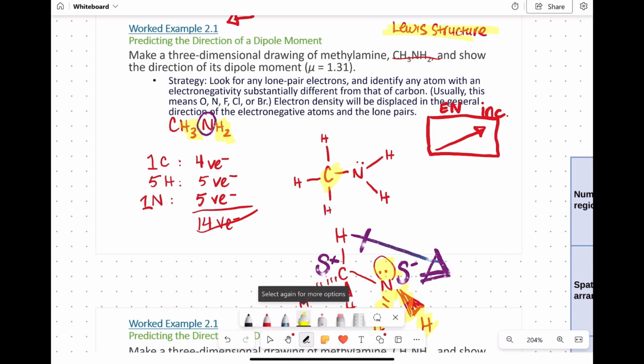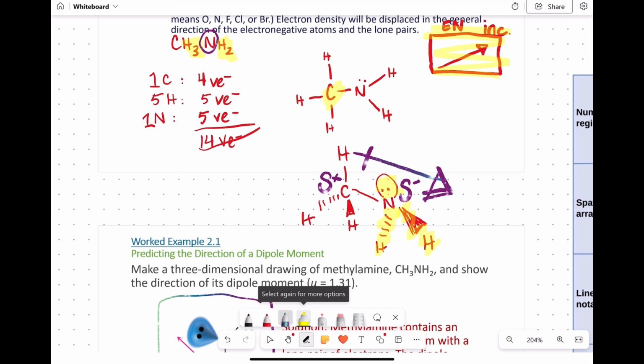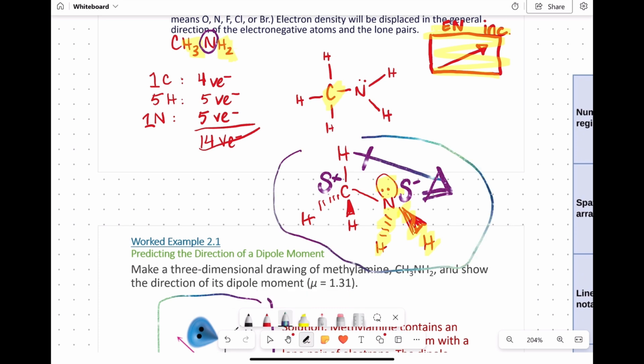That's very important. Understanding the electronegativity trend, and then finally how to assign overall dipole moments based on what we know so far in this chapter.